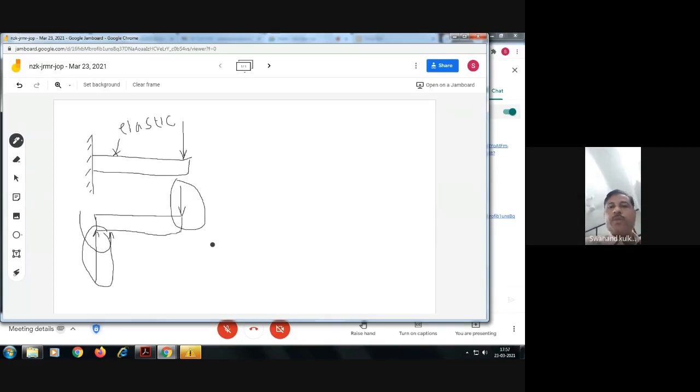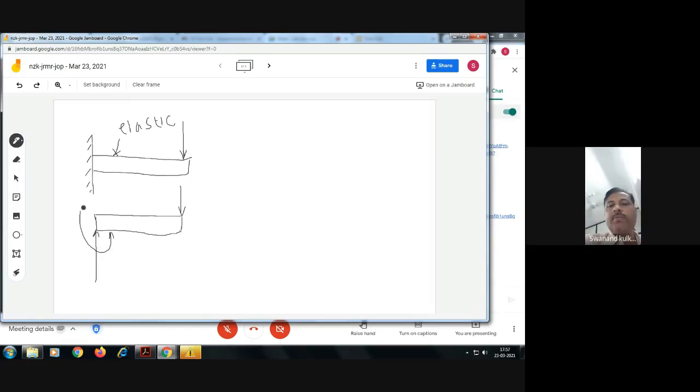Okay. Now, the second thing is that due to the application of this force, a moment is going to be generated at the left side. In order to balance that moment, this kind of arrow is shown here.